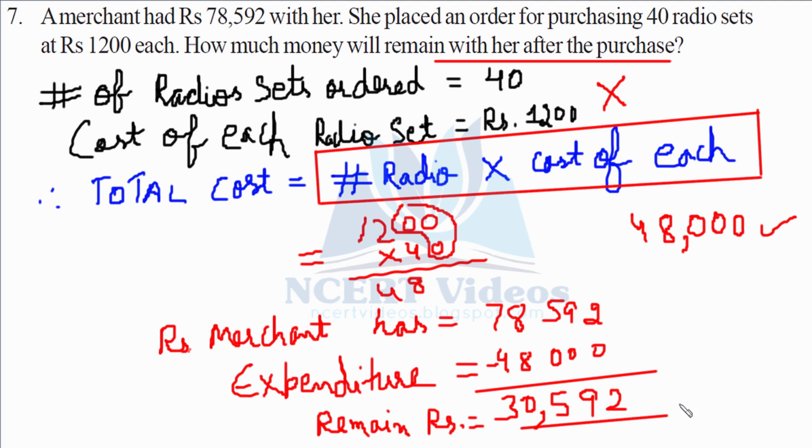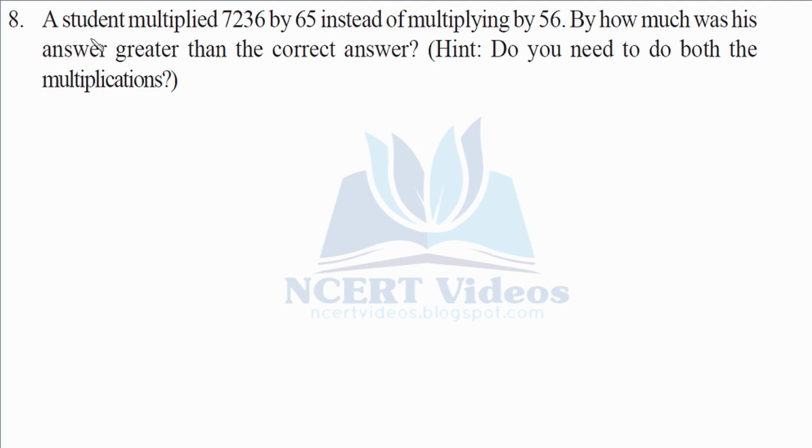That gave you remaining money with her. A student multiplied following numbers, instead of 56, he multiplied by 65. So what would be the correct answer? So how much was the answer greater? How much means difference. Again, there's a hint given. Do you need to do both the multiplication? Well, not exactly.